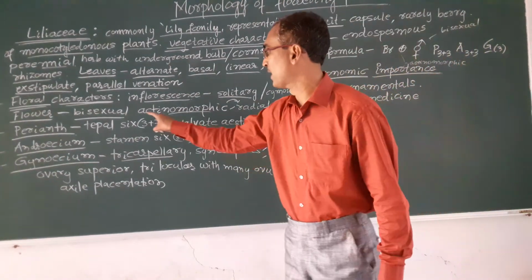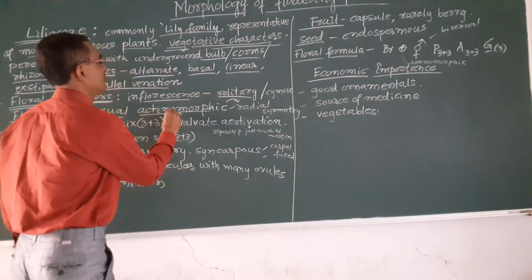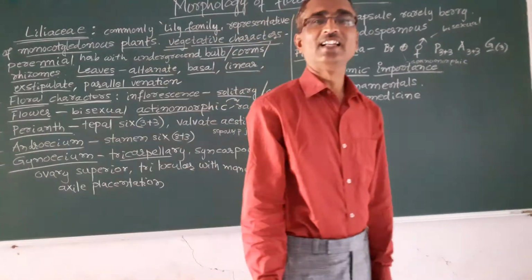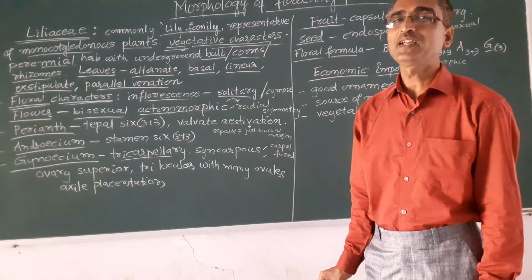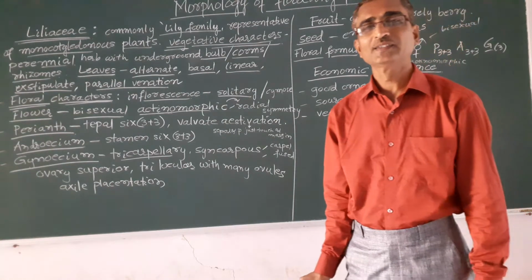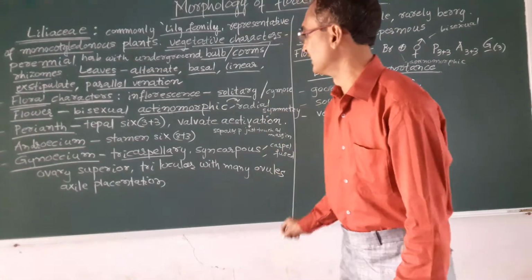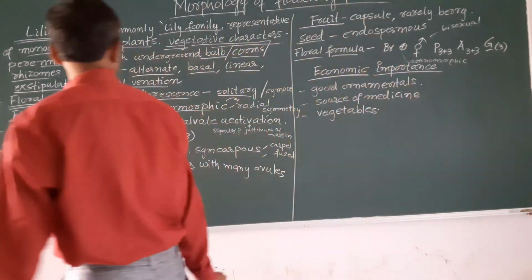It is actinomorphic. Actinomorphic means radially symmetric. Radial symmetry means they can be divided into two equal parts by any plane passing through the center.